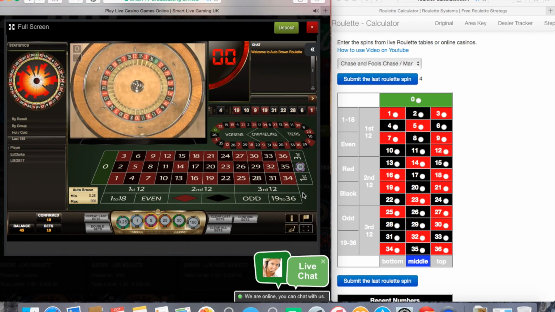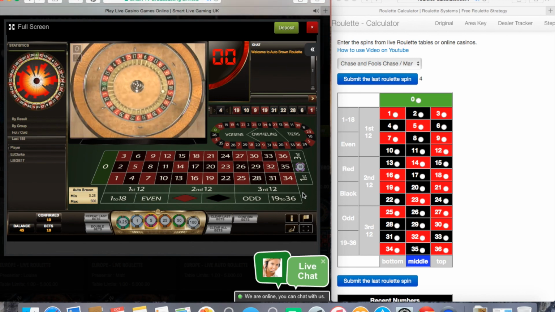And on the third spin, you'll be betting £15, so that's 15 plus 10 plus 5. So that's £30 you put down, but then you'll get 45 back, so that'll be 15 profit.